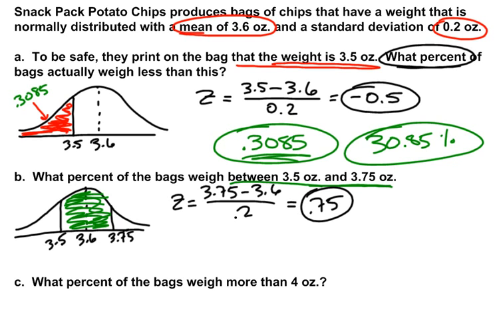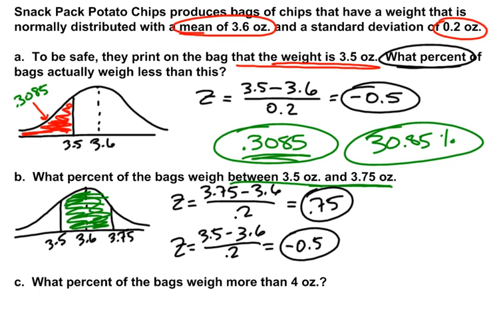So we'll use that, and we'll have a z-score for the 3.5 as well. We already worked that one out. If you look above, 3.5 minus 3.6 divided by 0.2 comes out to be negative 0.5. So we're going to look up 0.75 and negative 0.5, and we get values for those.